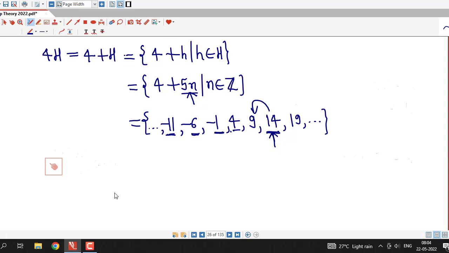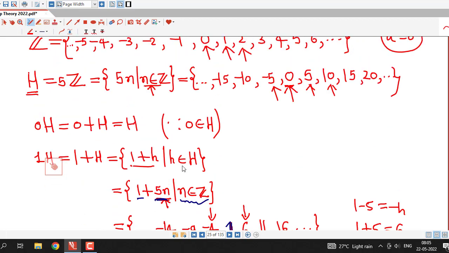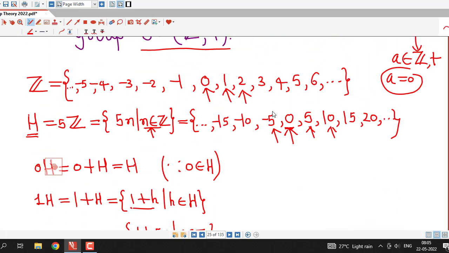Now the next one is 5h, that is 5 plus h, and we can see whether 5 is present somewhere or not. 5h, that is 5 plus h, and we can see 5 is present in our subgroup here.